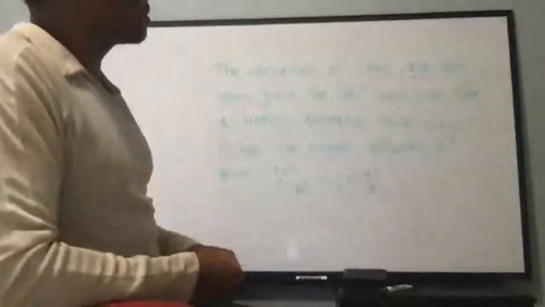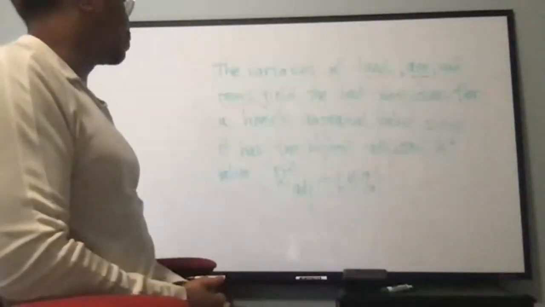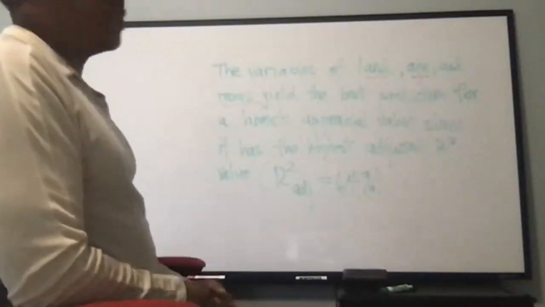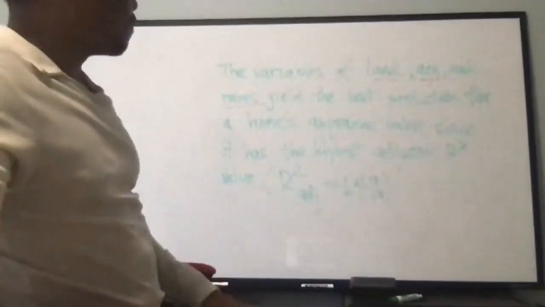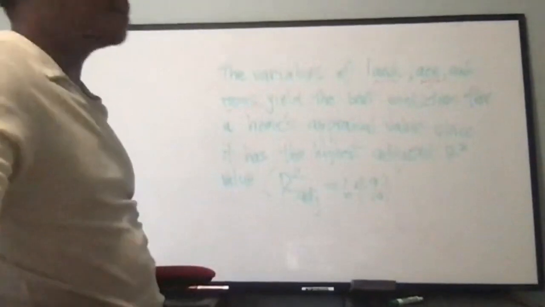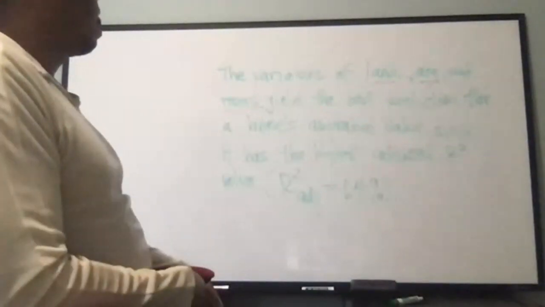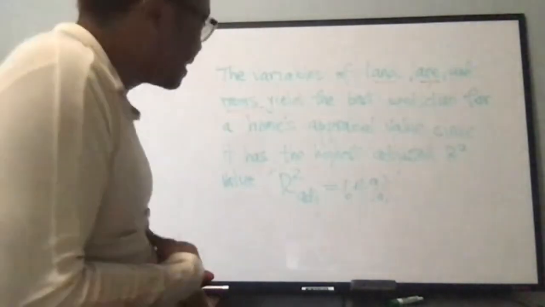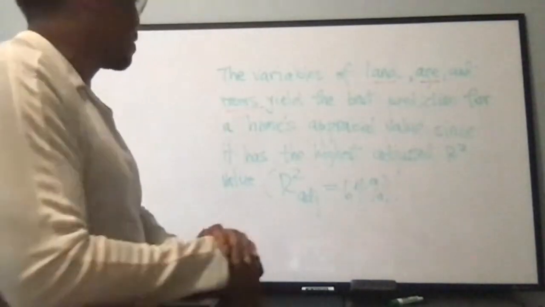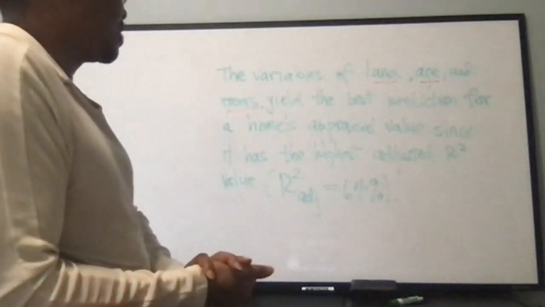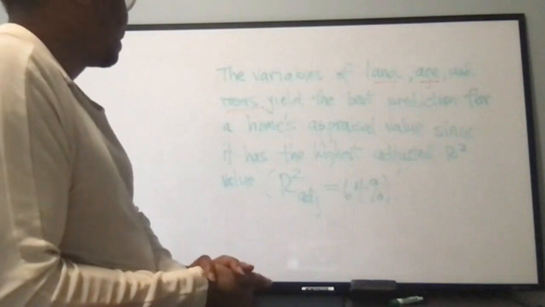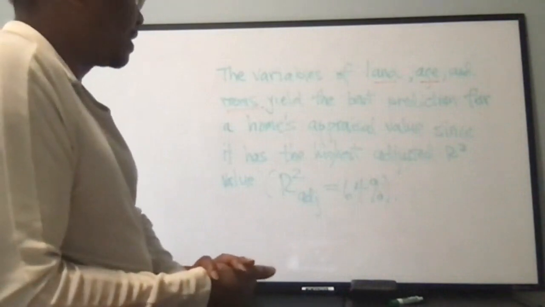Okay, it says the variables of land, age, and rooms yield the best prediction for a home's appraisal value, since it has the highest adjusted R squared value, and it says R squared adjusted equals 64%.